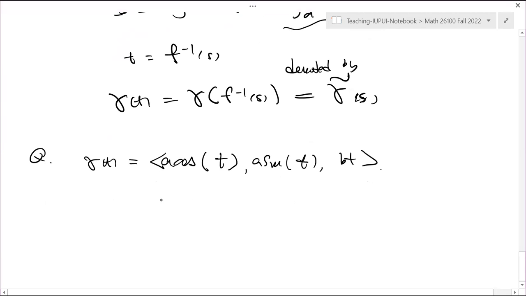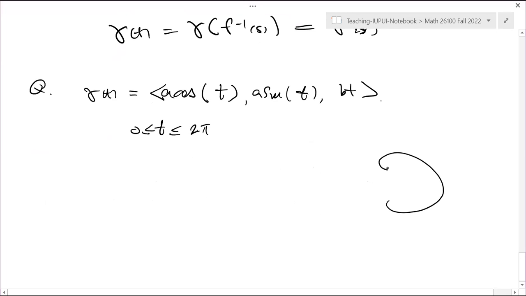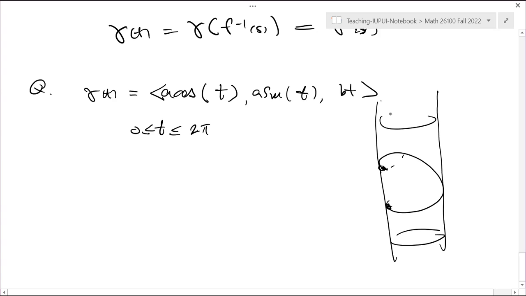I think for a complete circle, t from 0 to 2 pi, you get a circle like that. This is on the cylinder, right? This is a cylinder with the radius equal to a. Okay, so this is a curve.